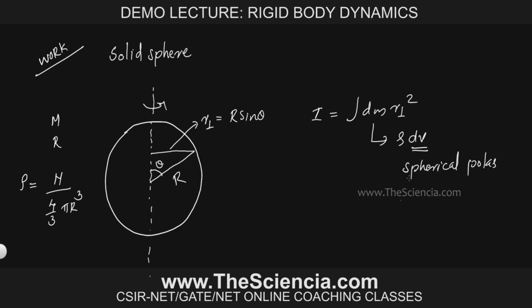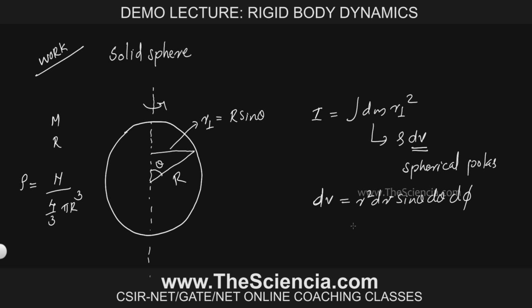So in spherical polar coordinates, dv equals r square dr sin theta d theta d phi. Maybe you already know this equation, or I will discuss it in mathematical class.